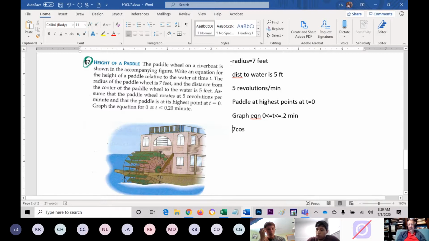And then we could use a vertical shift to take the function above the water. I'm going to put the x in parentheses here. We can add something there in a second. Then +5? Very good.